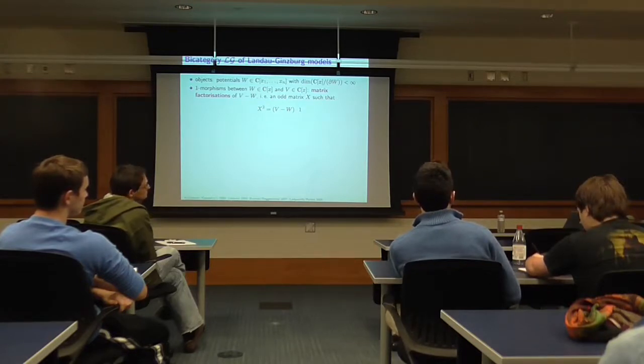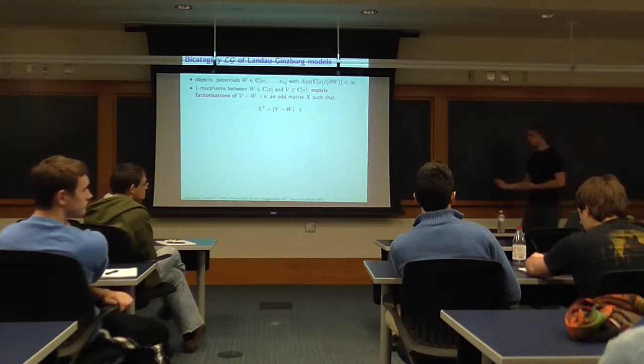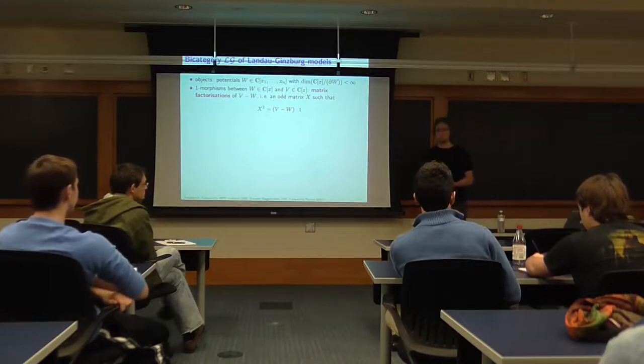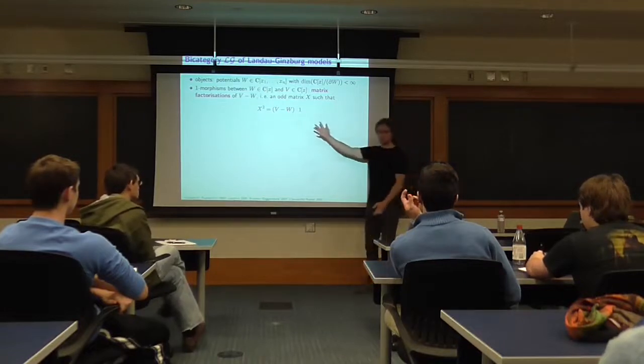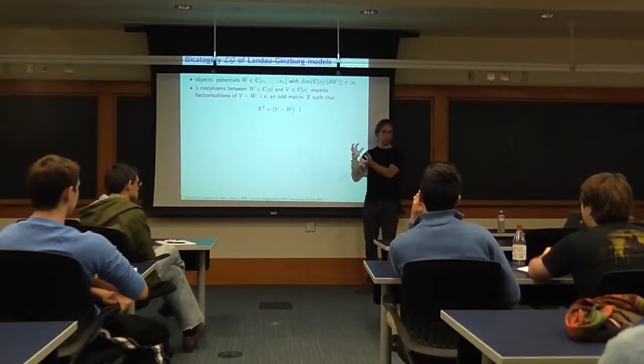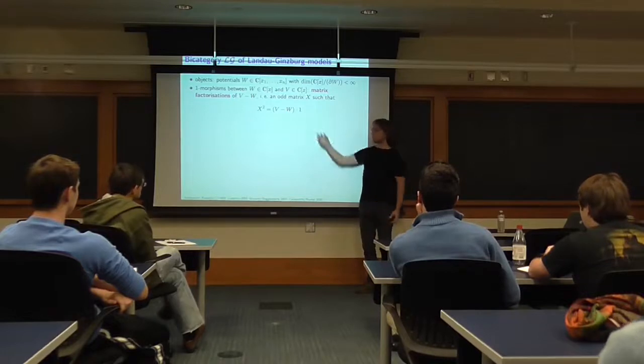That's a matrix factorization of the potential x^d. x^d happens to be the potential that corresponds to the A-type minimal supersymmetric conformal field theory. But you see, it's something very simple. Matrix factorizations are just matrices with some polynomial entries that factorize a given polynomial.